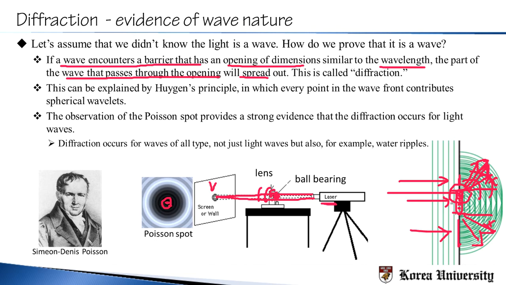By Poisson's experiment, it was proven that light is a wave. So this diffraction phenomenon, based on the Huygens principle, works as very strong evidence. And this is what we are going to study in the rest of this chapter and also in the next chapter.